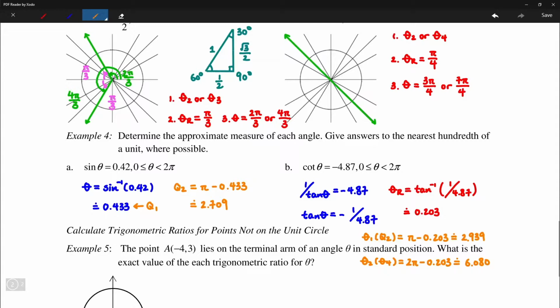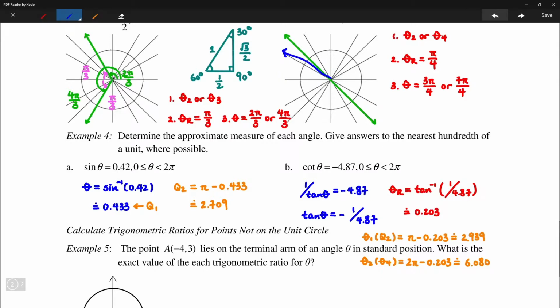Okay, and the reason that we subtracted here is, let's say for example, consider just using this diagram above. We know that the angle is somewhere in quadrant 2, and we know what the reference angle is, and we know that this line is pi, so we're going to subtract the reference angle from pi to get the actual angle.